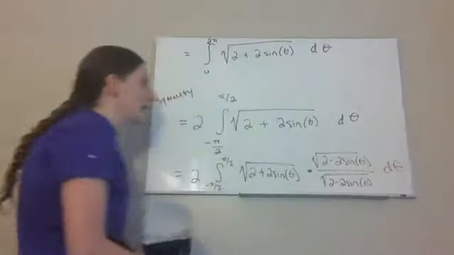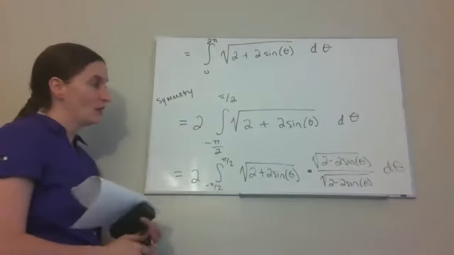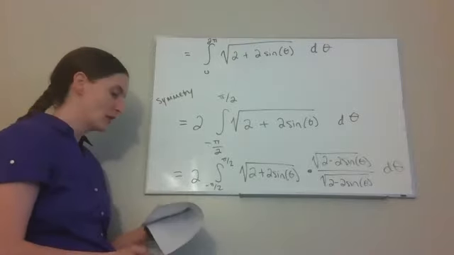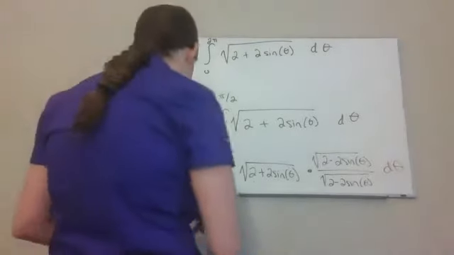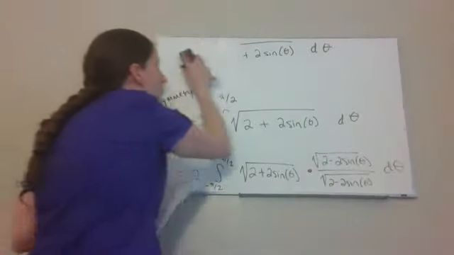So I'm multiplying by the square root of 2 minus 2 sine of theta over square root of 2 minus 2 sine of theta. The reason I'm doing that is just to make it so I can simplify and actually do this integral.